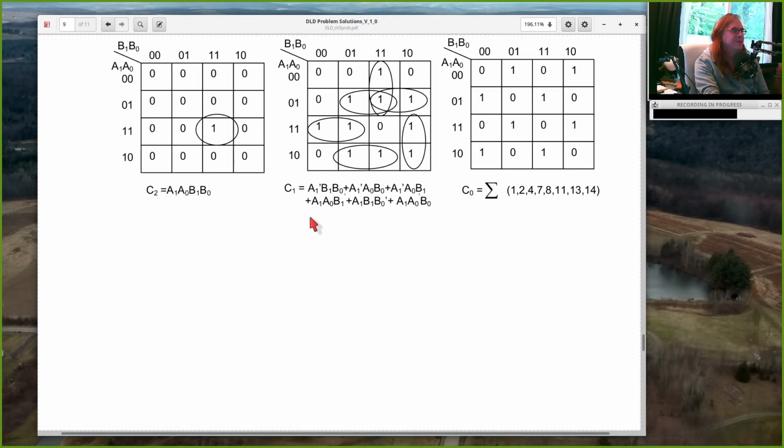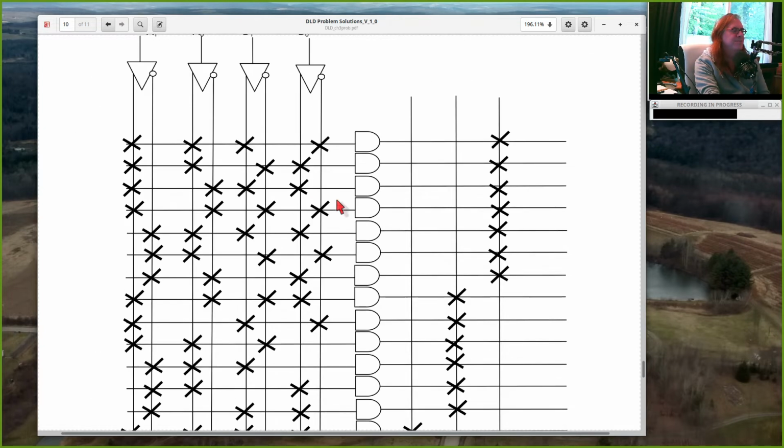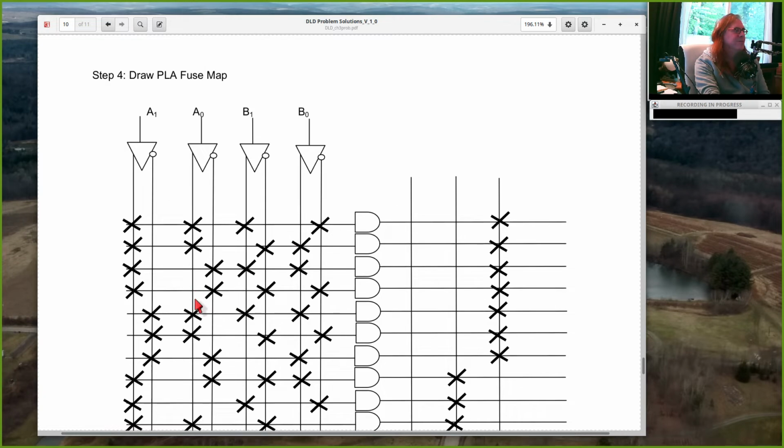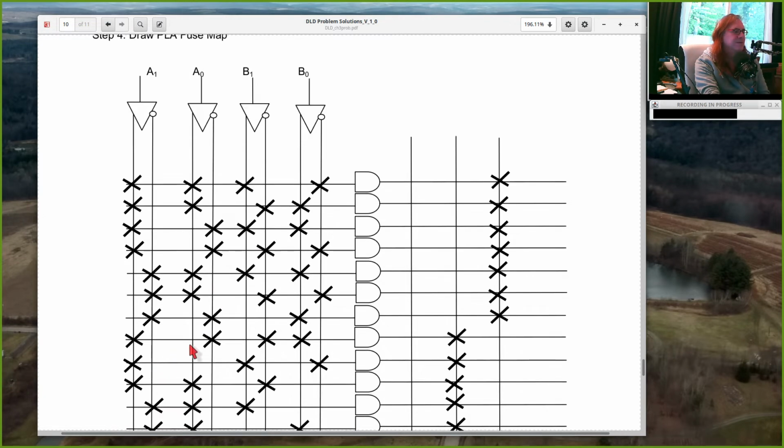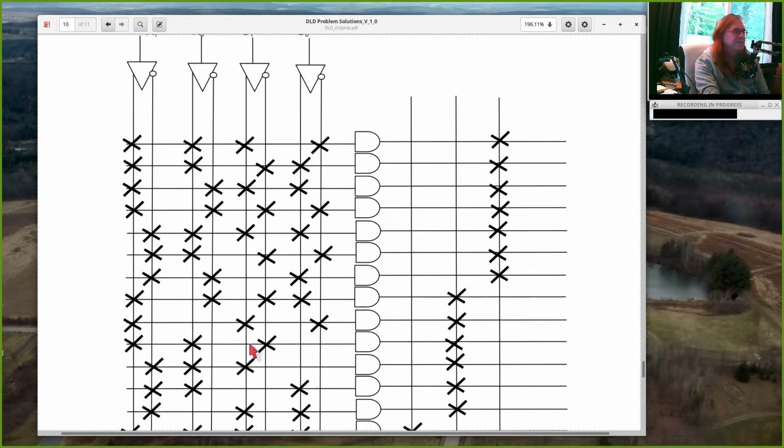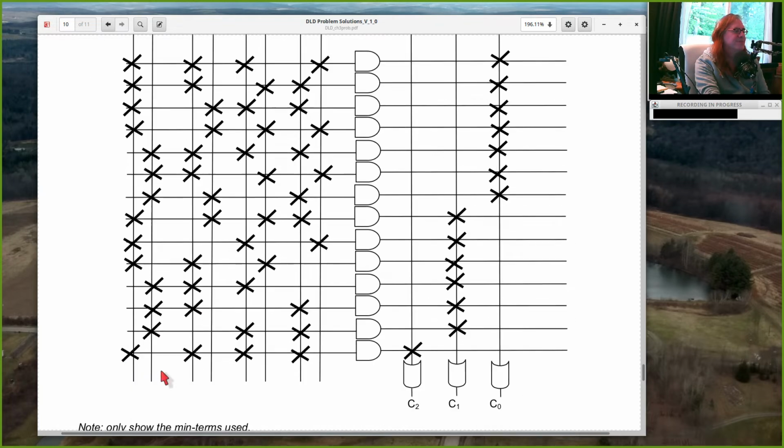C1 should be an OR of these 6 terms, A1 bar B1 B0. Well, here's A1 bar. Let's see if we can find this one. A1 bar, B1, B0 is the output of this AND gate, and so that's one of the inputs into the C1 OR.